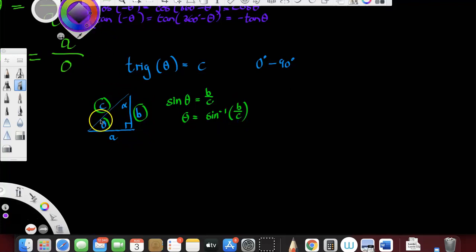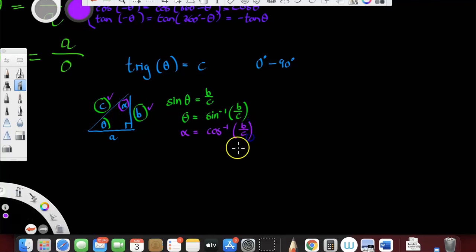And so goes any others. If C and B are still given, but now I want alpha, then this is my observed angle, which means B is now my adjacent side, the side that makes up the angle, and C is still the hypotenuse. So alpha is equal to arc cos of adjacent over hypotenuse, B over C. So there are two ways, given B and C, to get those two angles, and a host of other ways.